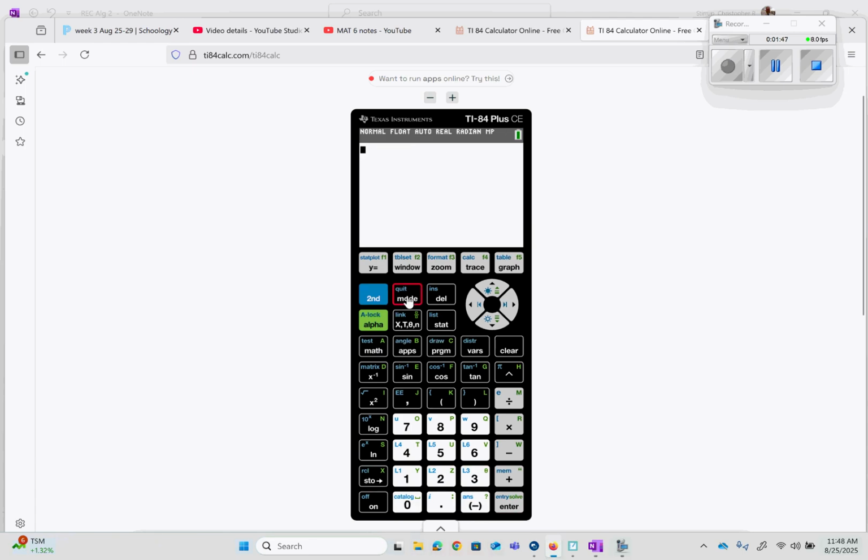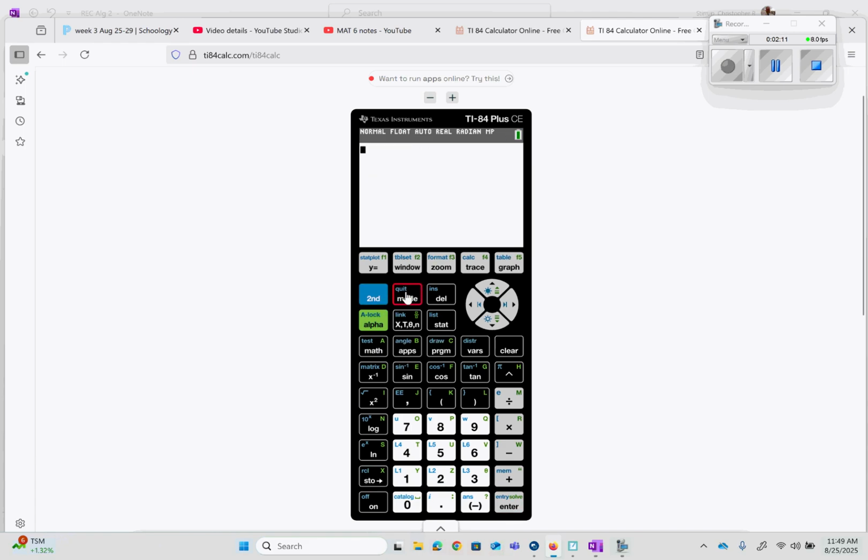Let's go to matrix D. Matrix D is a 2 by 1. So I have 3 and -2. And make sure you're always using the negative under the 3 on these.